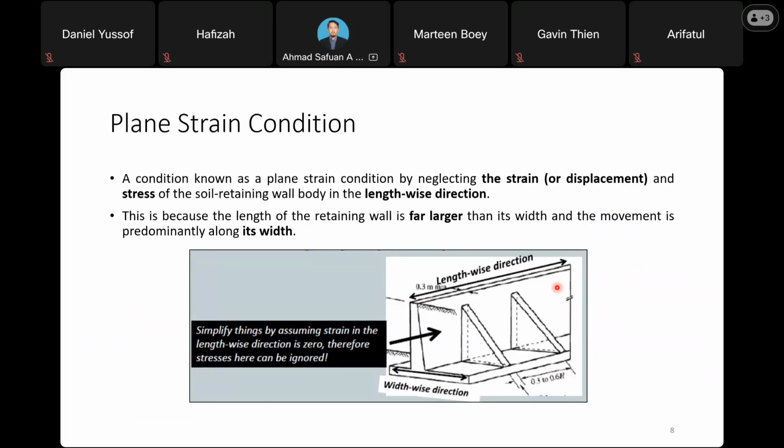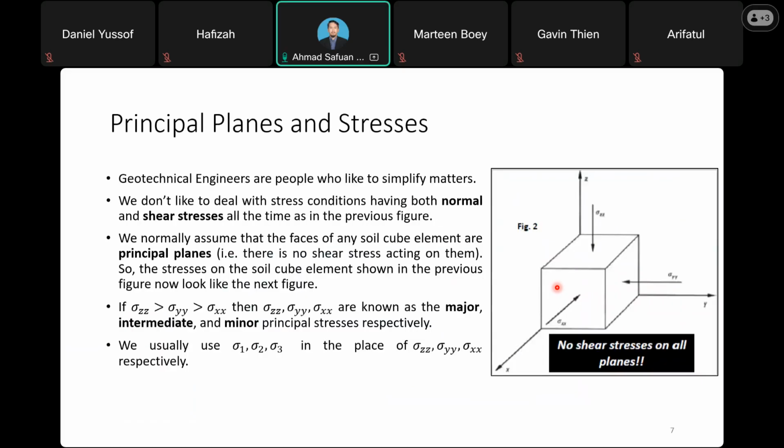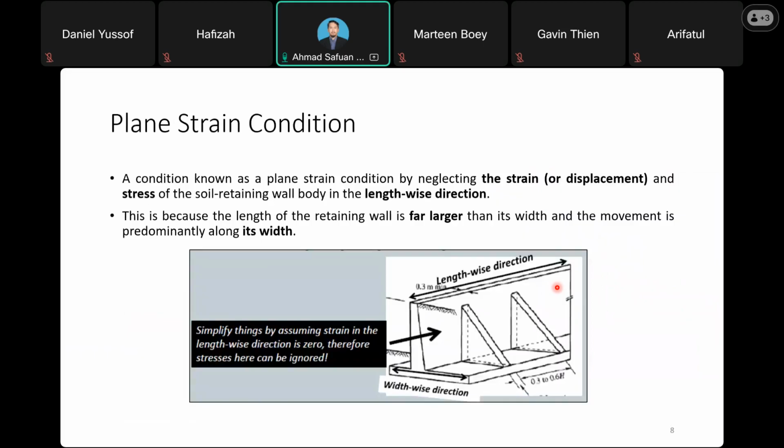So this is in three dimensions. Now there is a condition known as the plane strain condition, by neglecting the stress or displacement and stress of the retaining wall in the lengthwise direction. We just imagine that we have a retaining wall with a certain length direction.